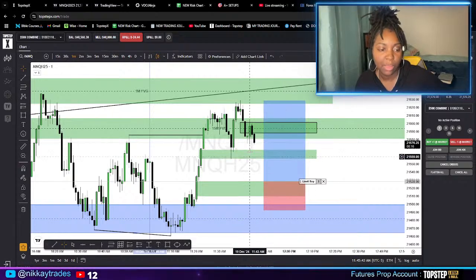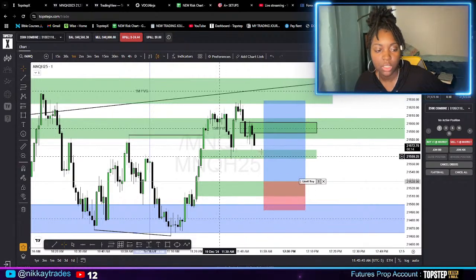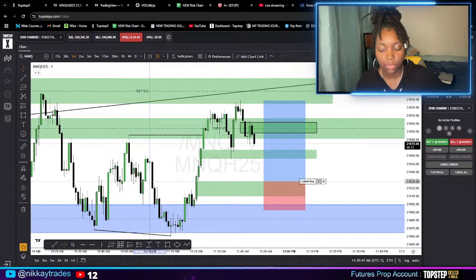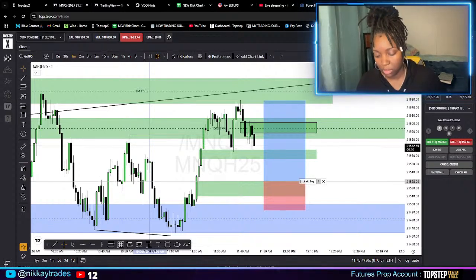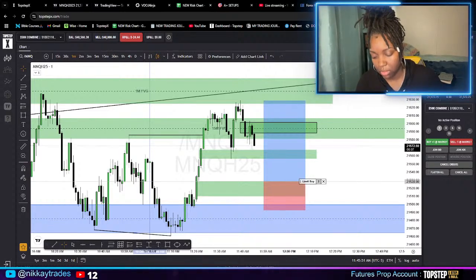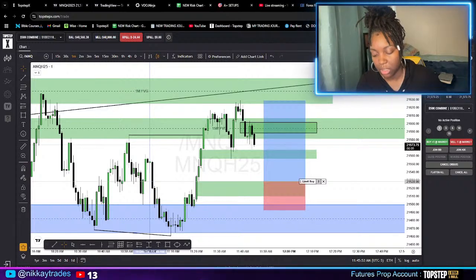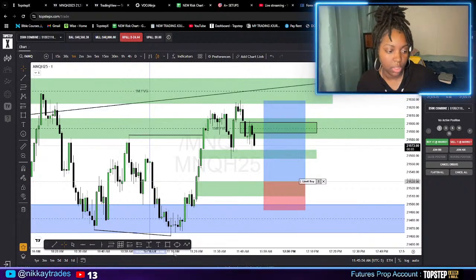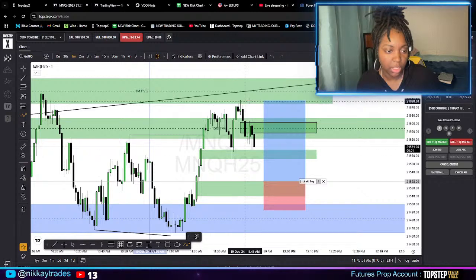I don't know. It kind of made me want to take the sell right here, but I don't know. This fair value gap got me a little hesitant because it can do this, just basically what it just did right here.